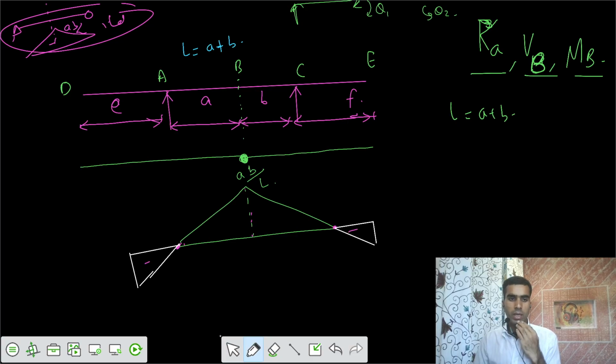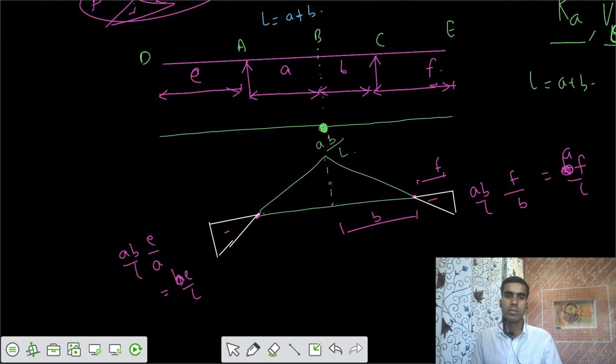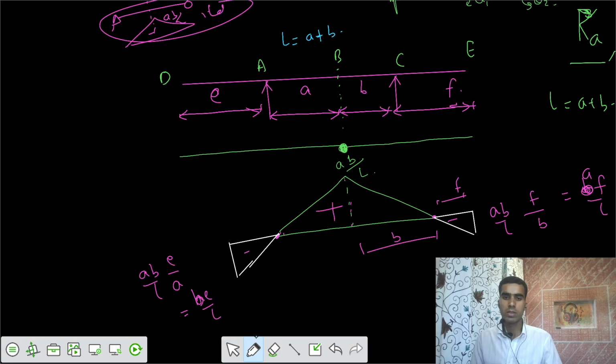This was your AB by L for the length of A, but I need for the length of E, that's BE by L. And this one was AB by L for the length of B, but I need for the length of F, so it's AF by L. So this one is positive and this one is negative. That is the ILD for moment at B.